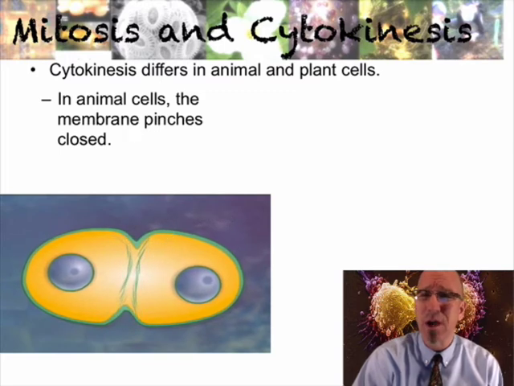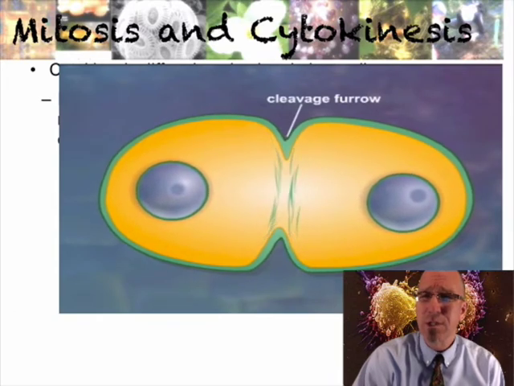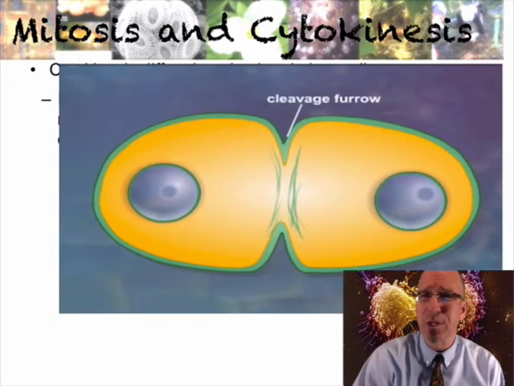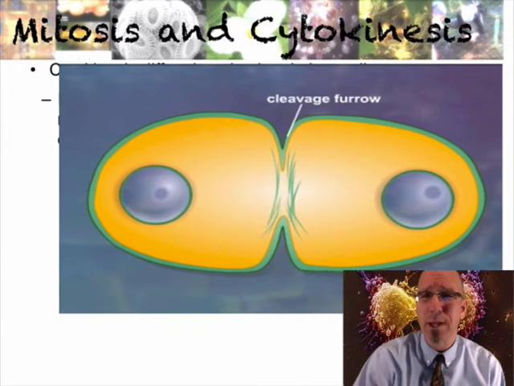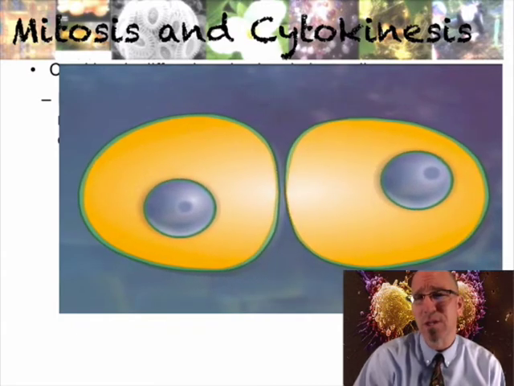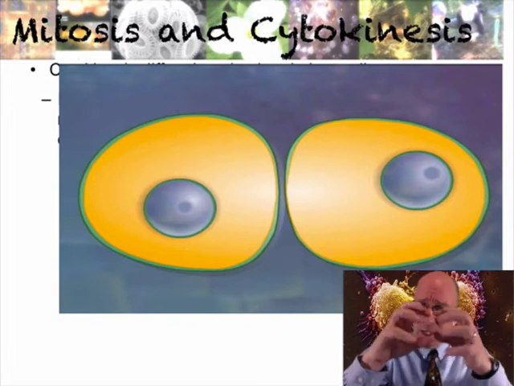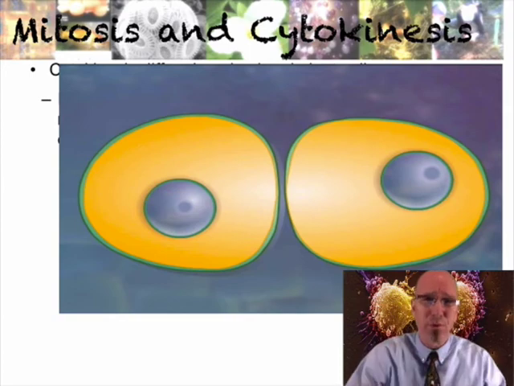It's going to create a crease between these 2 cells until eventually we're going to have 2 brand new cells. That's what the cells in any animal do. So they actually have this thing called a cleavage furrow, where the actin fibers work like a purse string, if you will.